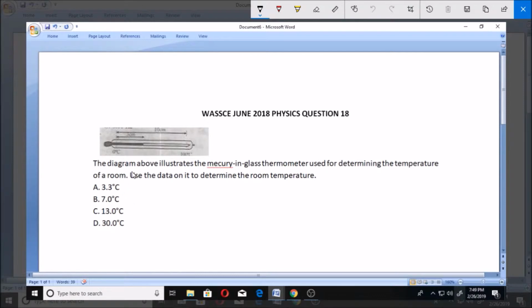So considering this very diagram, we can see that what we actually have is this thermometer. I have the mercury that is covered in black. Now we have the tube.